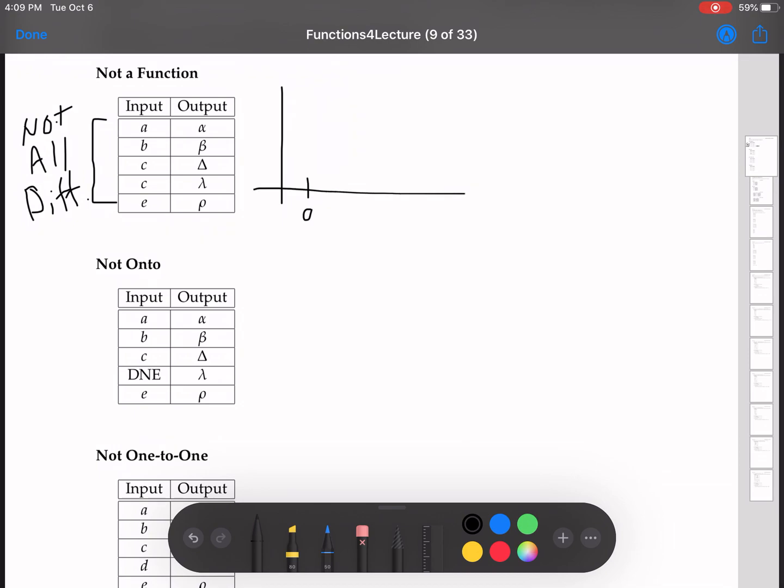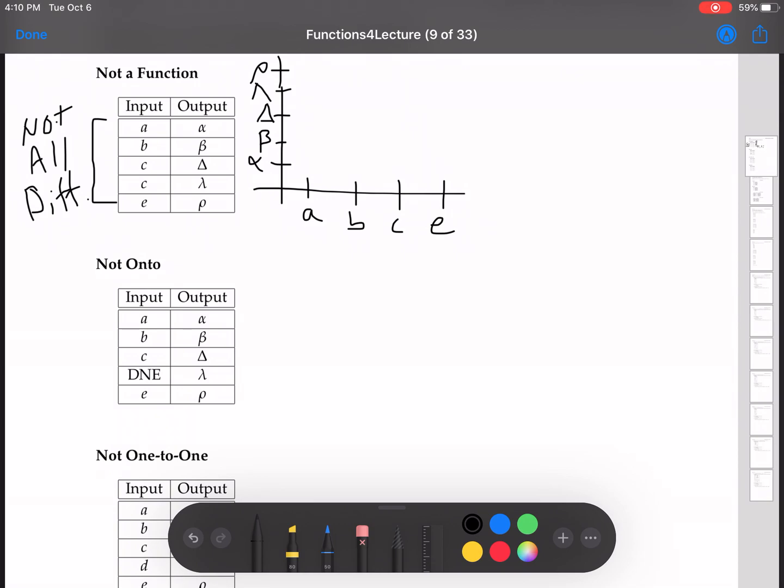Let's say A, B, C, E, and alpha, beta, capital gamma, lambda, rho.